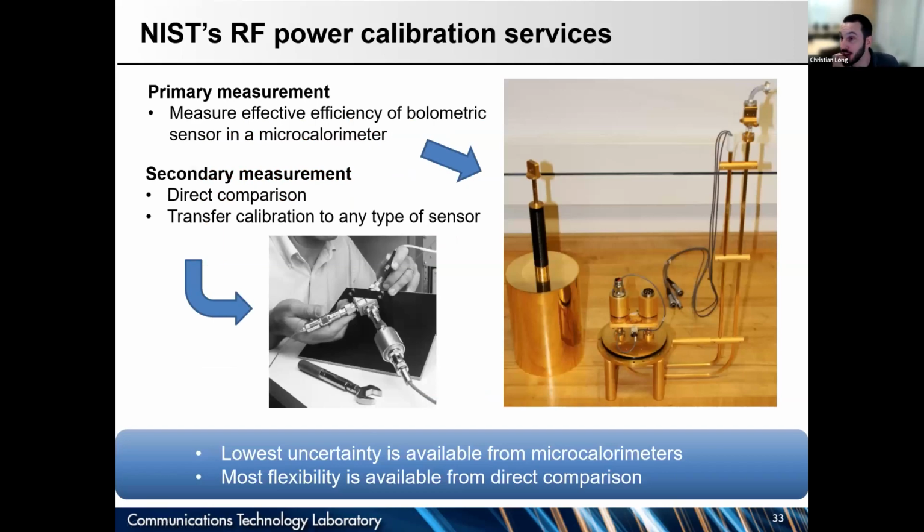So I've talked a little bit about the primary RF power experiment. It is a measurement that's done in a microcalorimeter and characterizes the effective efficiency of a power sensor.